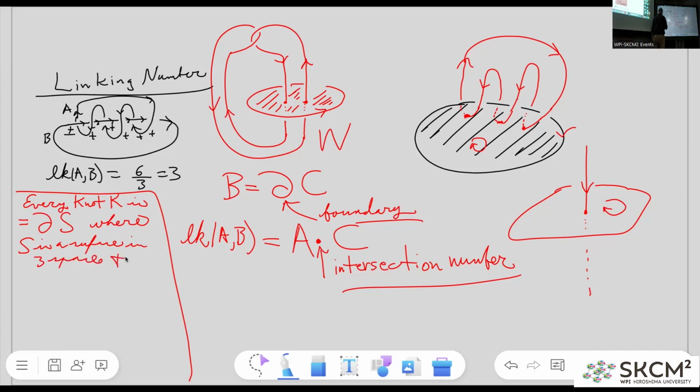And S can be orientable. No Mobius bands in it. I'll give you an example and we'll stop there.